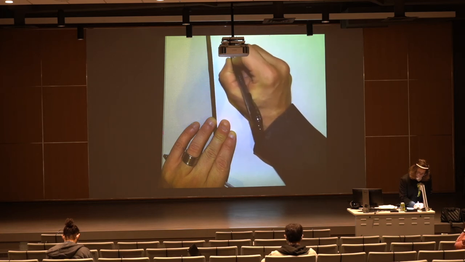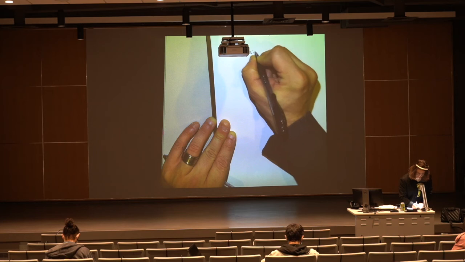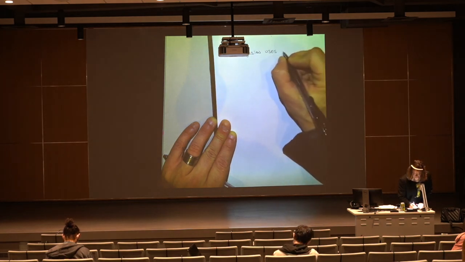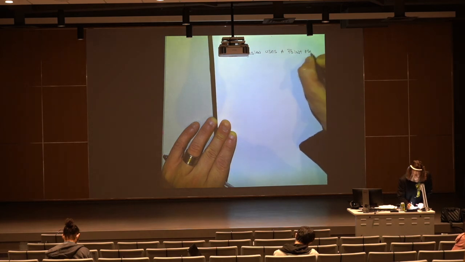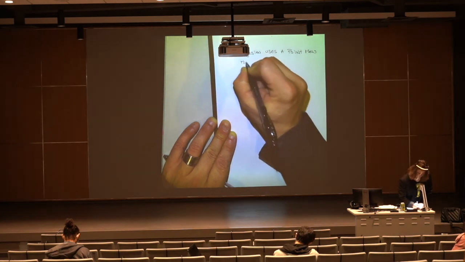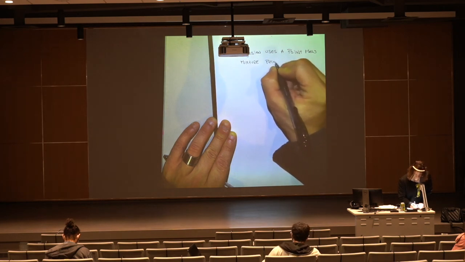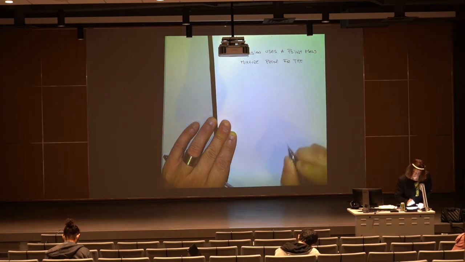So the Bayesian uses a point mass mixture for the point null hypothesis.